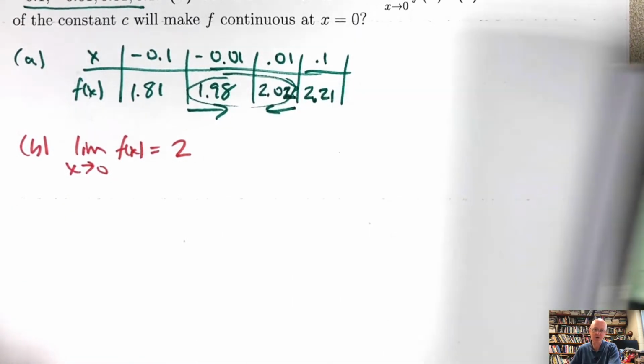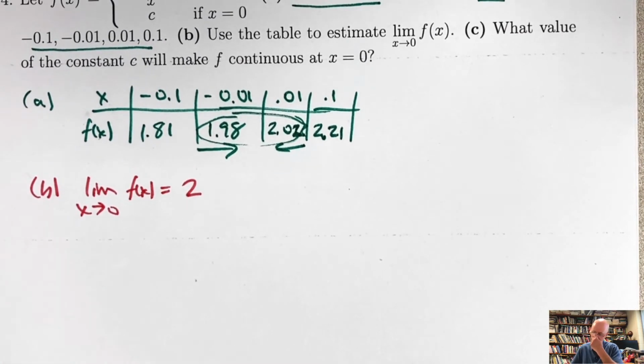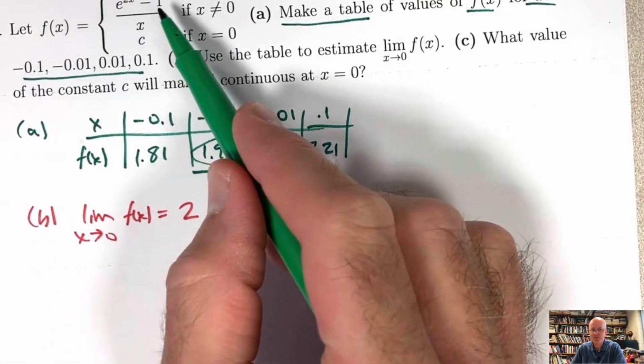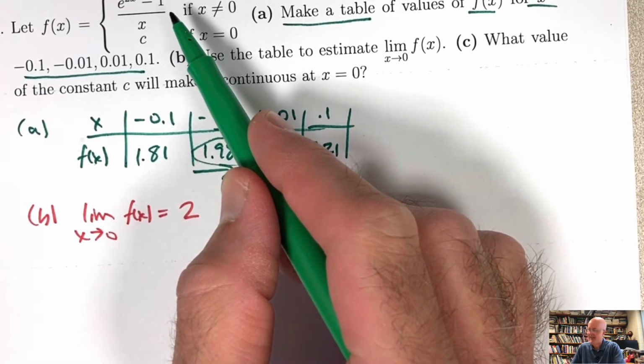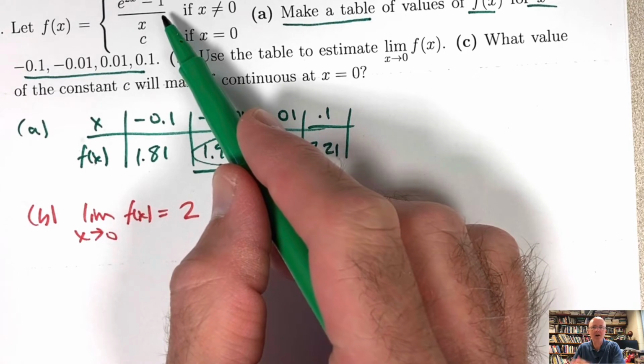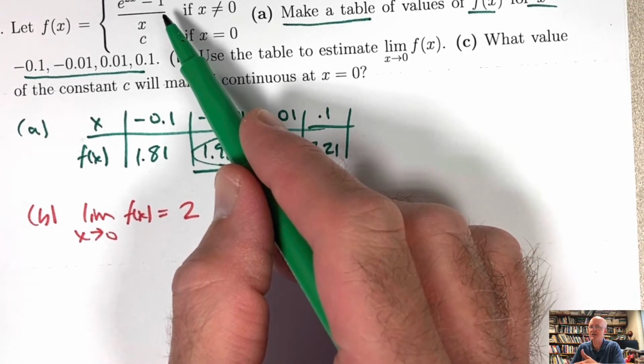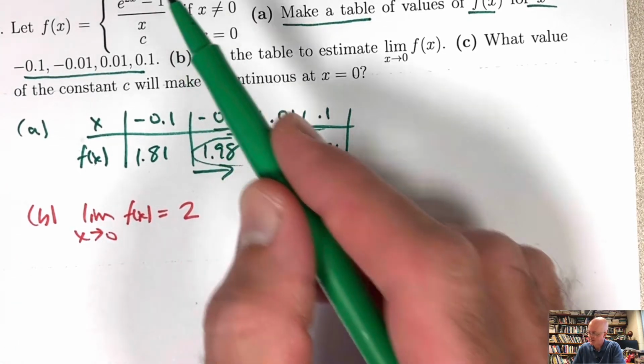In fact, they get closer and closer to 2 as x gets closer and closer to 0. We can make it as close as we wanted to by making x sufficiently close to 0 without actually equaling 0. Okay, at least in this part of the formula. That expression right there gets arbitrarily close to 2 without actually equaling 2. But the limit is 2.